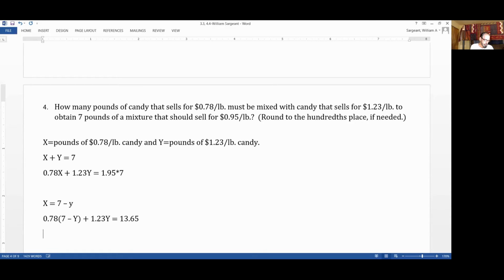Distributing, 0.78 times 7 is 5.46. Before anything else, I'm going to combine the like terms. 1.23 minus 0.78.